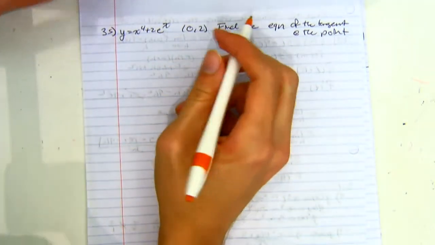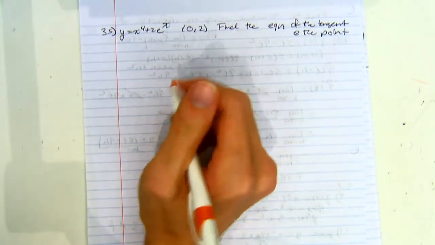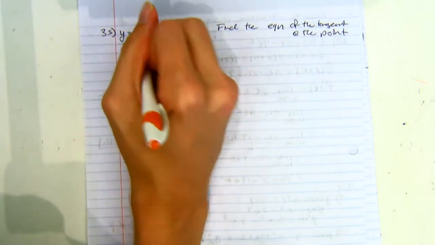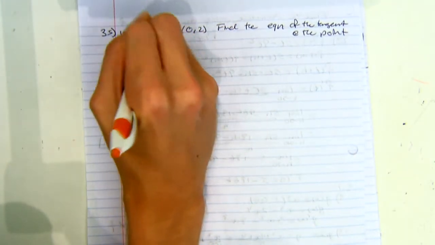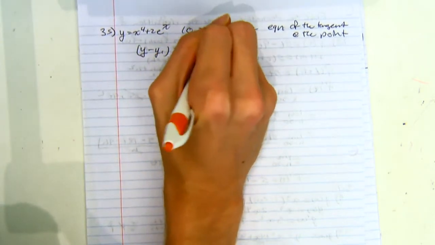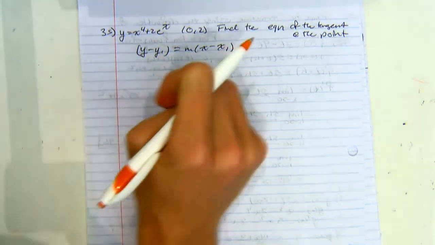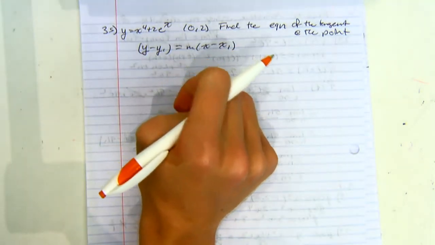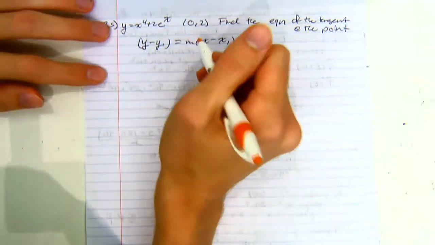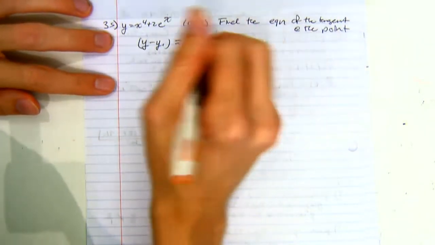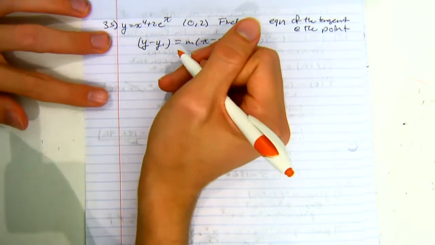So we're finding the equation of a tangent line. The form that we like for lines is point-slope form. And so to start this off, take the derivative because we need m. We don't know what m is. And we know slope is equal to our derivative.